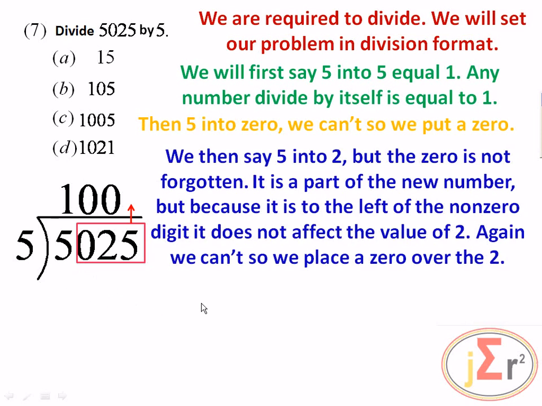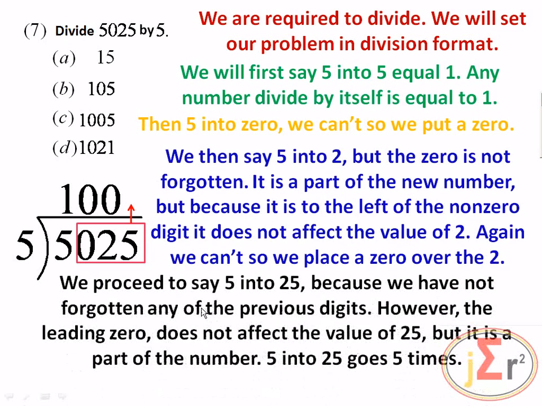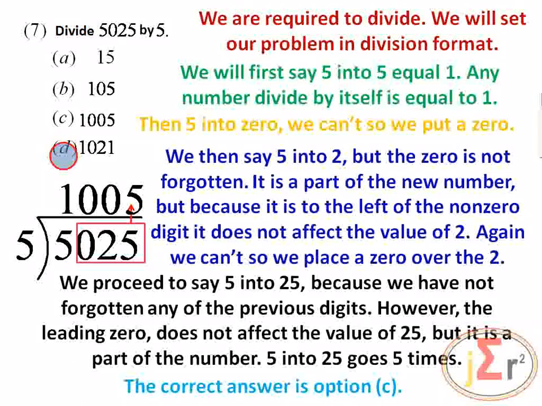So we say 5 into 25, and what will we get? 5 times. So we proceed to say 5 into 25 because we have not forgotten any of the previous digits. However, the leading 0 does not affect the value of 25, but it is a part of the number. 5 into 25 goes 5 times. The correct answer is option C.